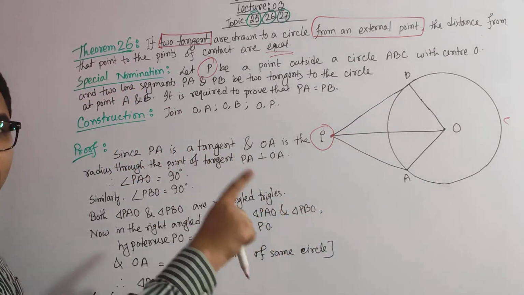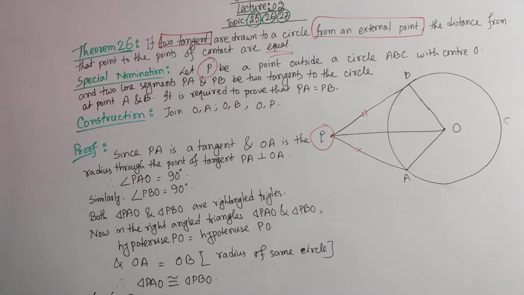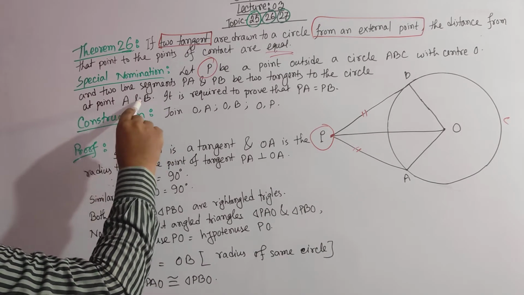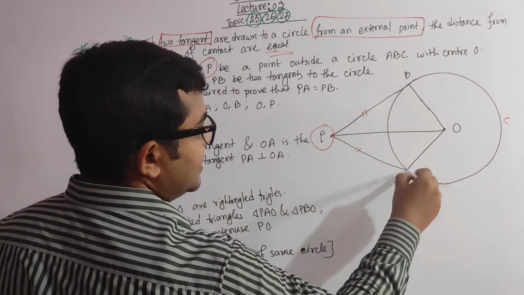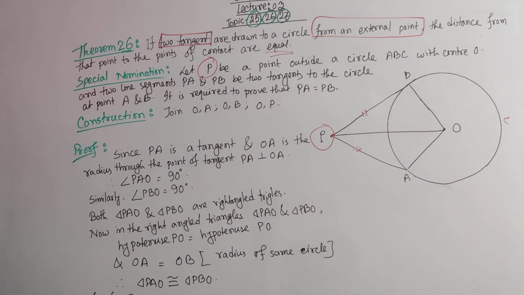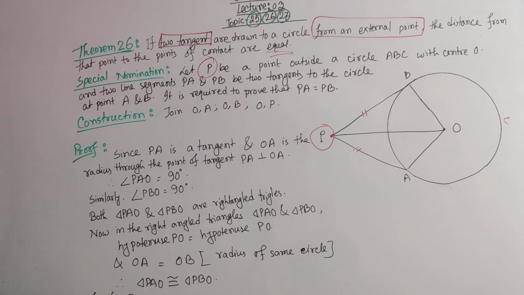These two tangents touch the circle at the two points A and B. It is required to prove that these two sides are equal.